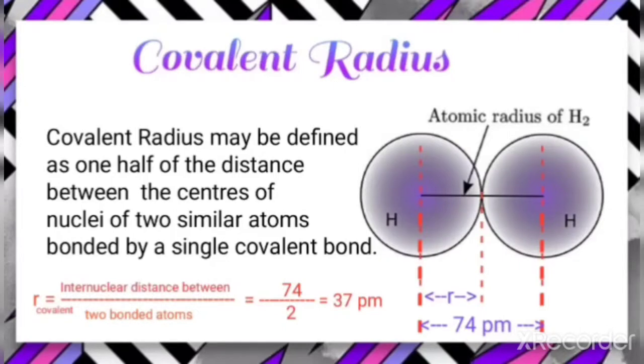Covalent radius may be defined as 1/2. That is important. You are making half of the distance between the centers of nuclei. That means you are measuring the distance between the centers of the two atoms, and that is also important, similar atoms.